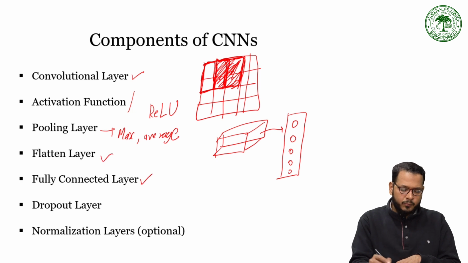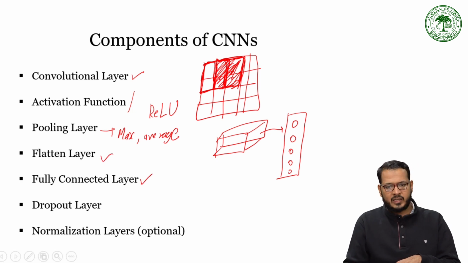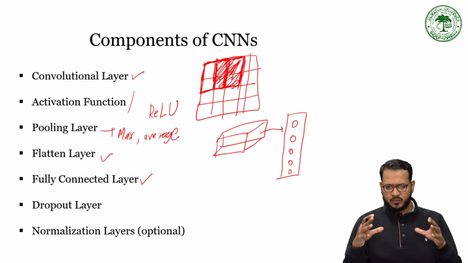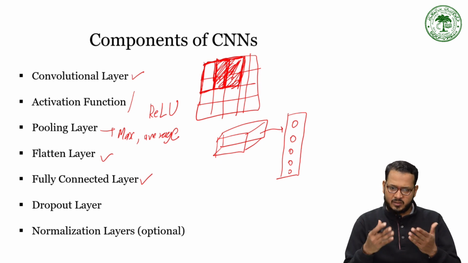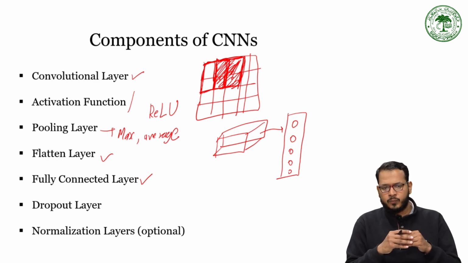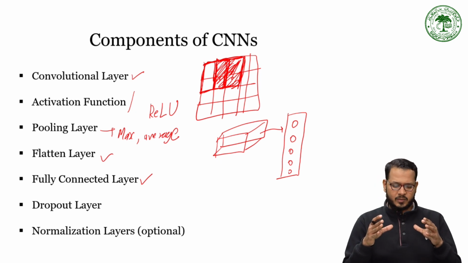After that, we have the fully connected layers, also called the dense layers. After several convolutional and pooling operations, the high level reasoning in the neural network is done through fully connected layers. You can consider it like this.